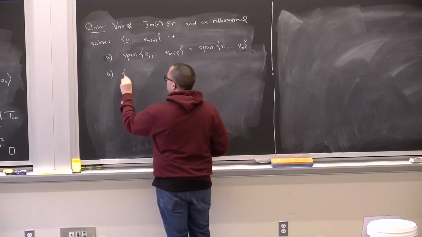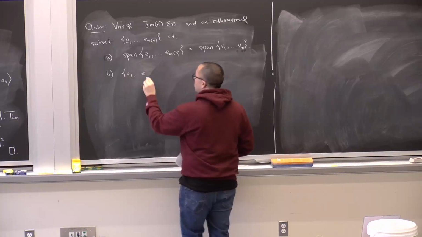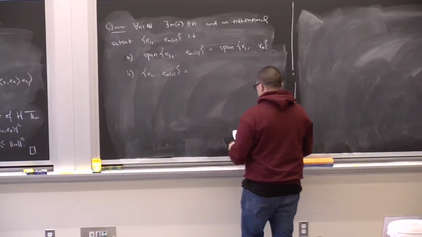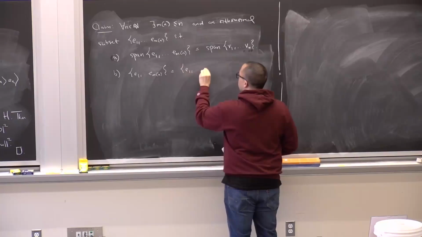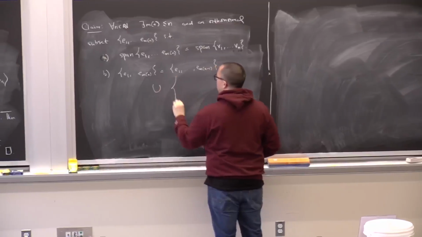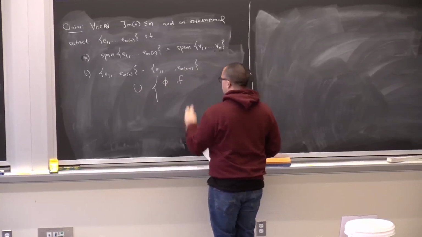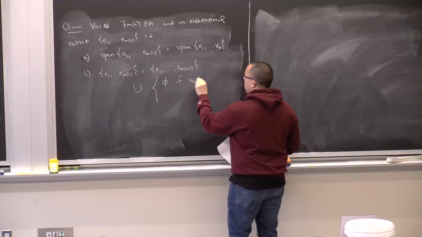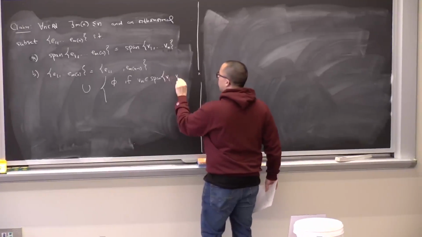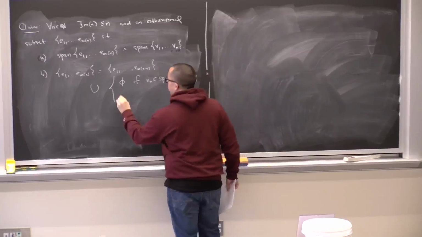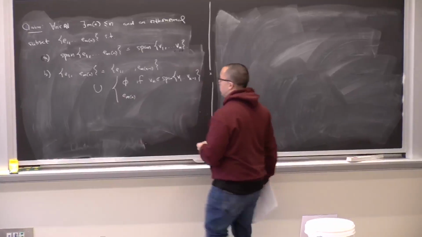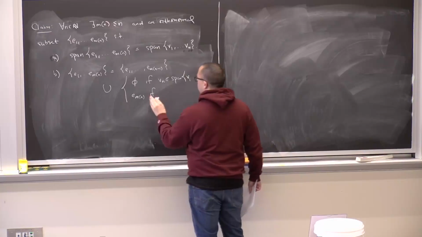So E1 up to E_m(n) is equal to the previous collection union either the empty set if Vn is in the span of V1 up to V_{n-1}, or some new vector E_{m(n)} otherwise. And I'll tell you what E_{m(n)} is.